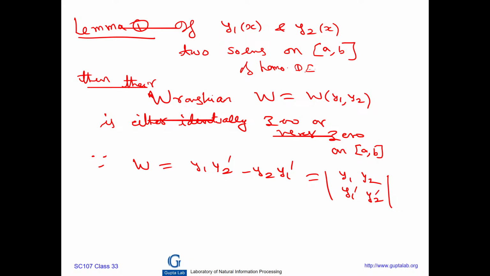The differentiation of the whole thing with respect to x is the determinant with the first row differentiated plus the determinant with the second row differentiated. That is easy. So W prime is y1 y2 double prime plus y1 prime y2 prime minus y2 y1 double prime minus y2 prime y1 prime.